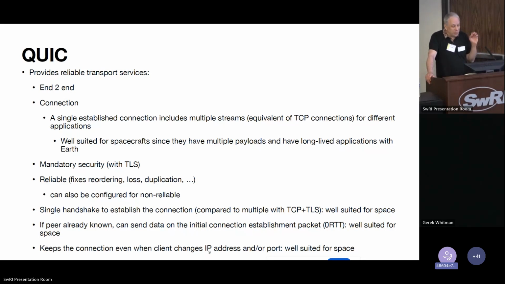So it provides reliable transport services. Whatever happens below IP, loss of packets, reordering, duplicates, all those things are handled by QUIC. It's an end-to-end connection. And you can think of a QUIC connection as a big pipe, in the sense that you create a connection with the other peer, and then all the other requests and exchanges are within that connection.